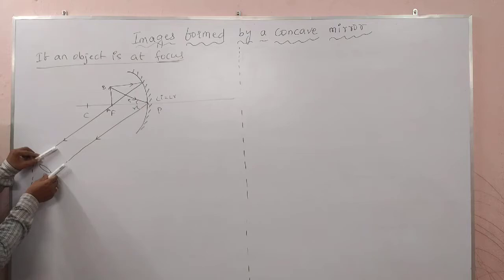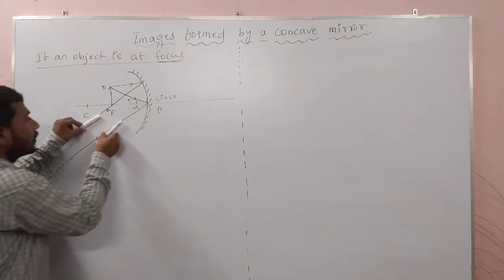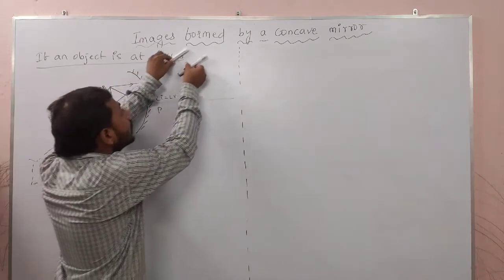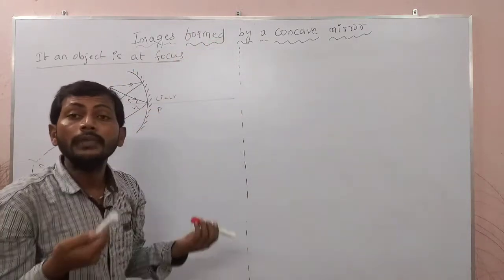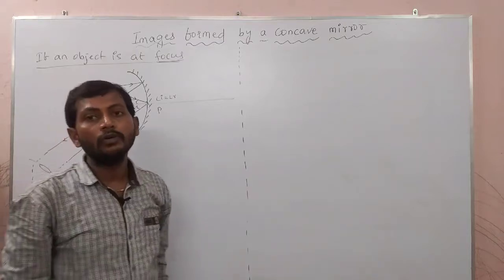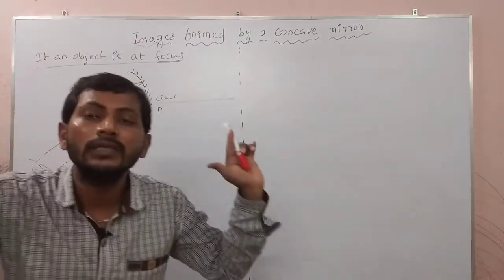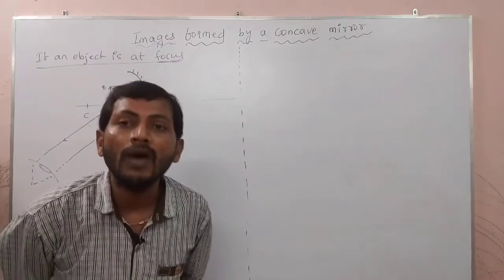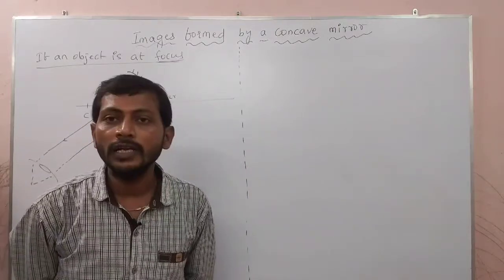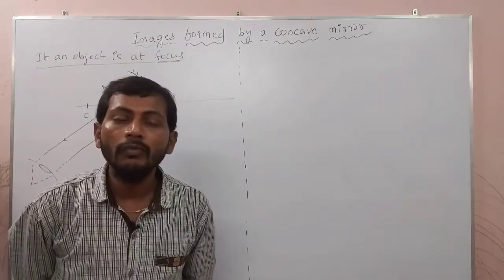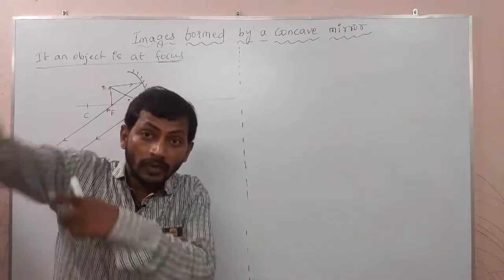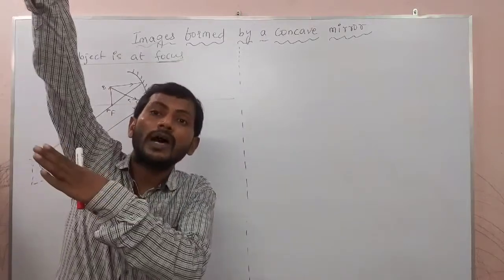My eye is retracing them like this, but they are not going to meet. Then I say, sir, it is too far away, they are not going to meet. Then where is the image found? Are you able to see that image? No. We are unable to see the image, which means it is too far away.